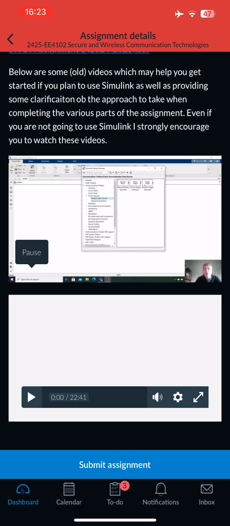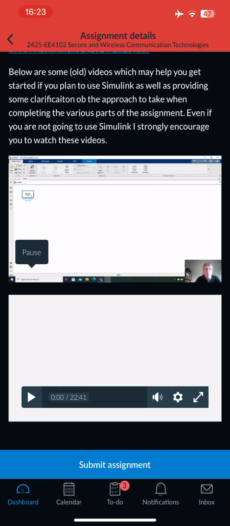You see there's 3 different options. The simplest one that we want to use here is this random integer. You can then drag and drop it out here. As the name says, it's a random integer generator, so it's going to randomly generate integer values. Okay, we'll look at how we're going to use that in a second.